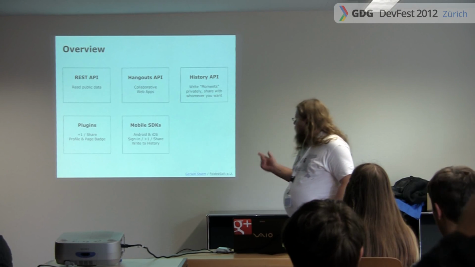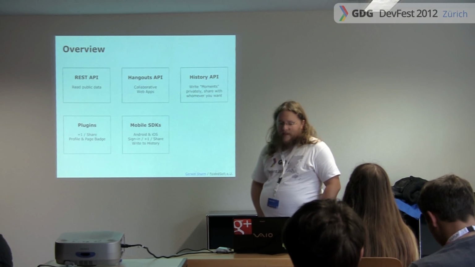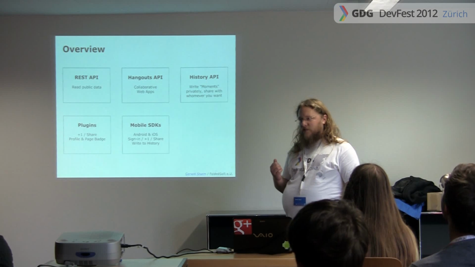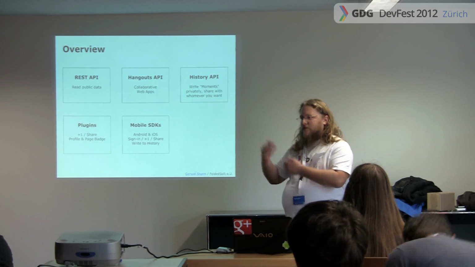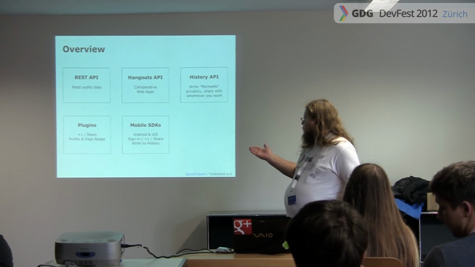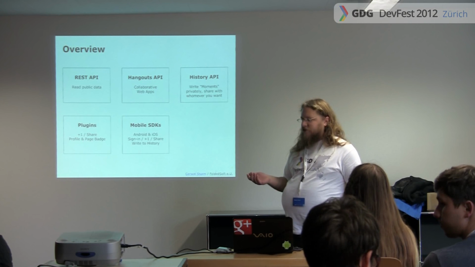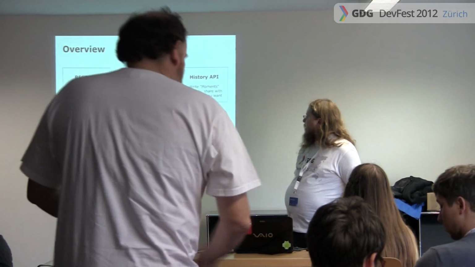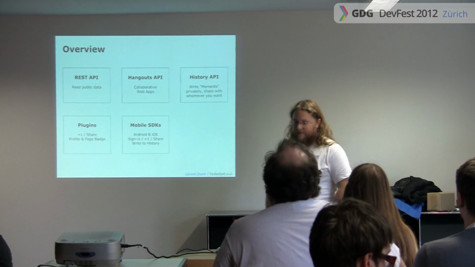And for iOS there's also an SDK, which is still in developer preview. Those SDKs allow you to sign users in using the Google Plus profile, so you can personalize applications based on the Google Plus data, and you can also include +1 and share buttons in your application. And on the Android side, you can also write automatically into the history from your application.